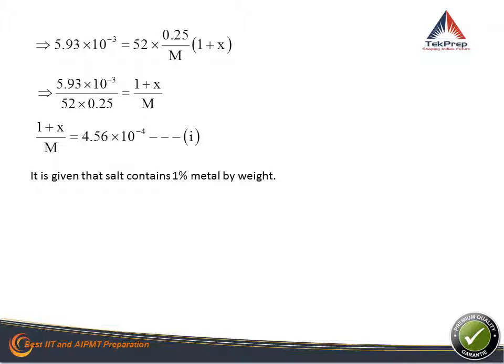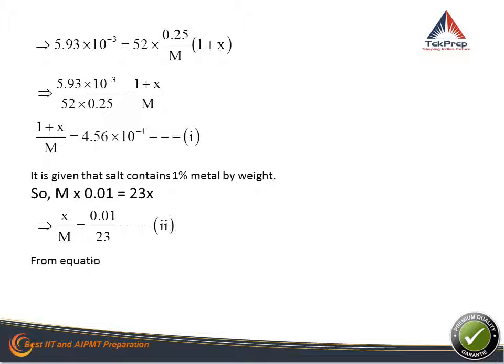The other piece of information given is that the salt contains 1% of the metal by weight. So capital M into 0.01, which is the 1%, should be equal to 23, which is the atomic weight of sodium, times x. So we arrive at a second equation, where x by M equals 0.01 by 23.